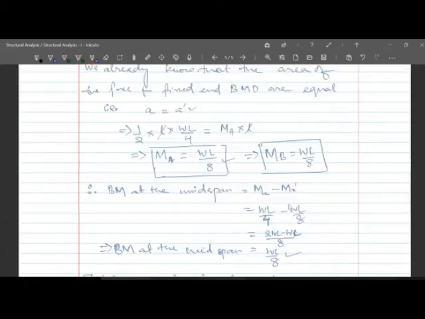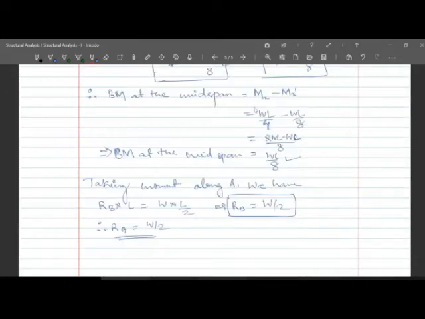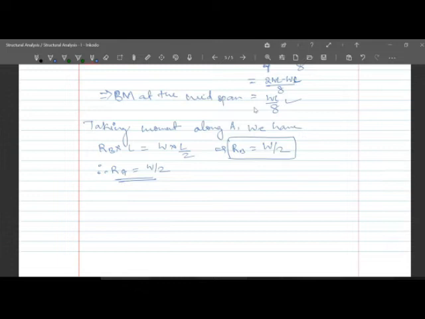So the shear force diagram will be like this.